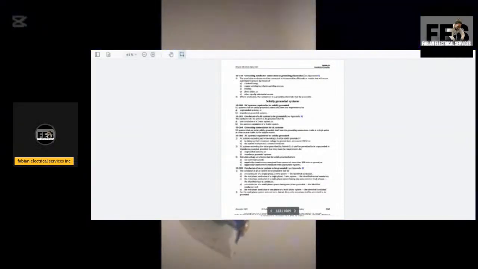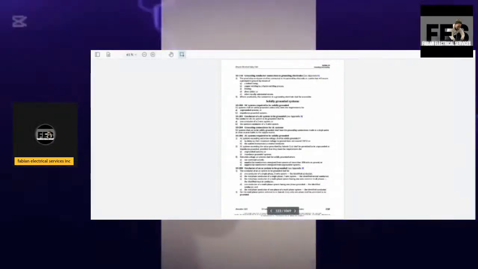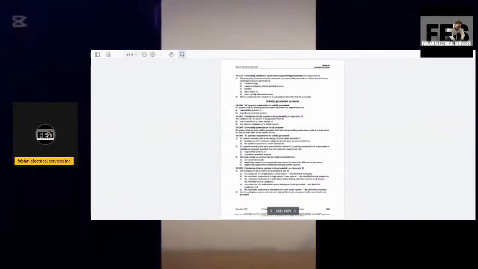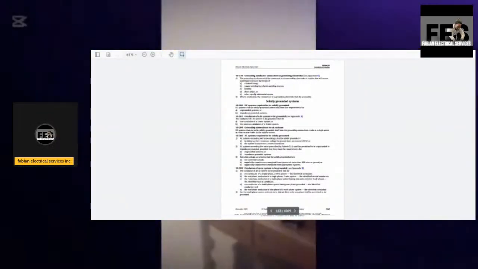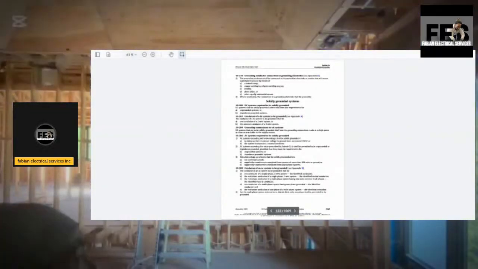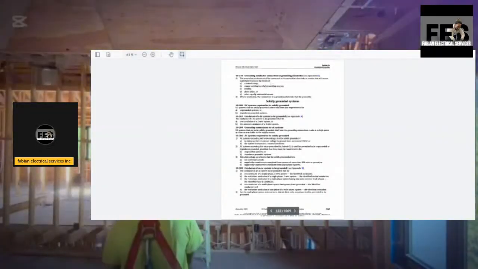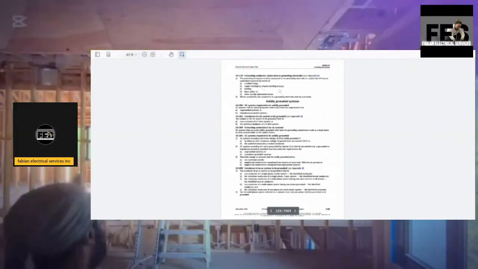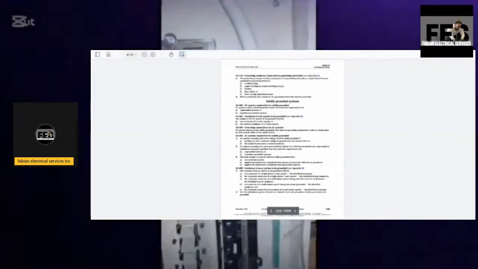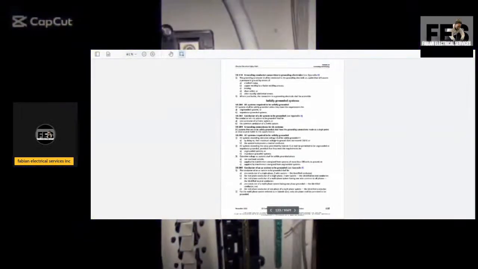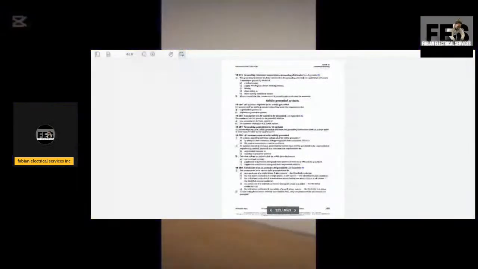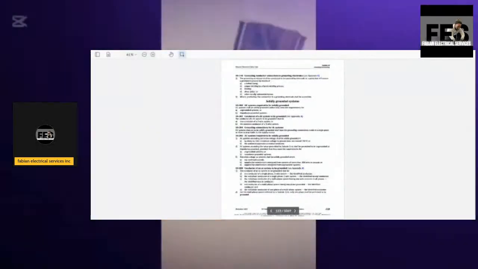Grounded conductors connection to grounding electrodes. It tells you to see Appendix B. The grounded conductors shall be connected to the grounding electrodes at a point that will assure a permanent ground by means of a bolted clamp, copper welding by a fusion welding process, brazing, silver solder, or other equally substantial means.